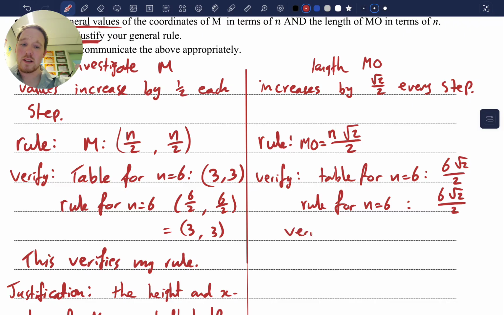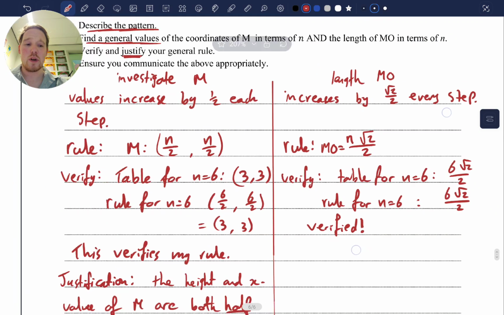But it verifies the value quite nicely. It verifies at least that our table value and our rule value match. It doesn't necessarily verify that our rule value matches the diagram. So if you want to do that, you'd have to link it back to the diagram still.